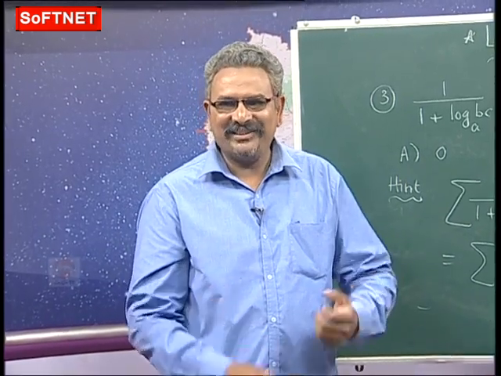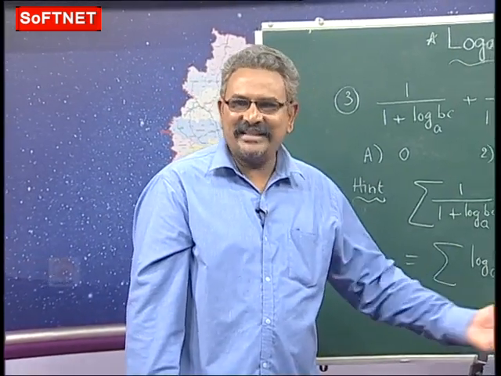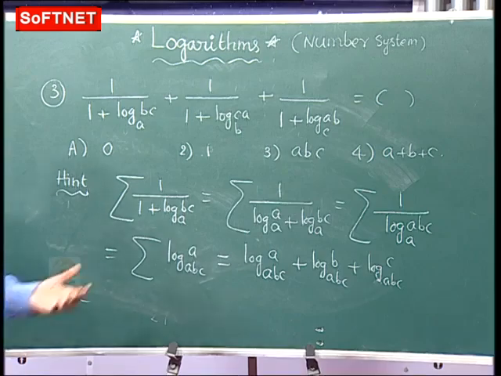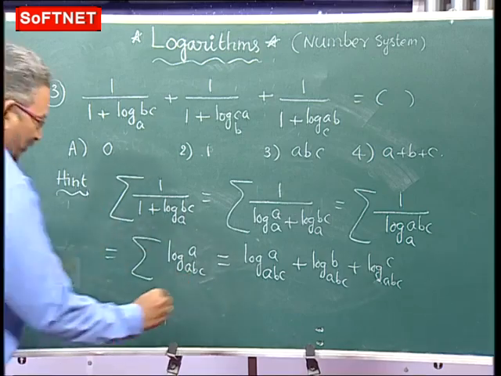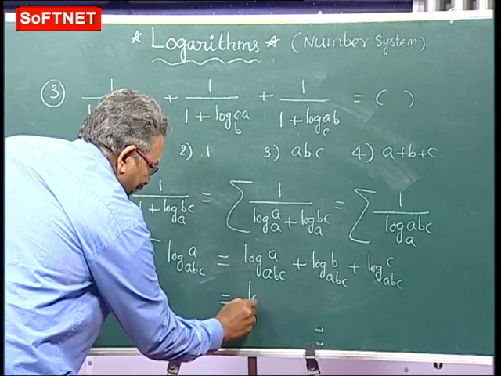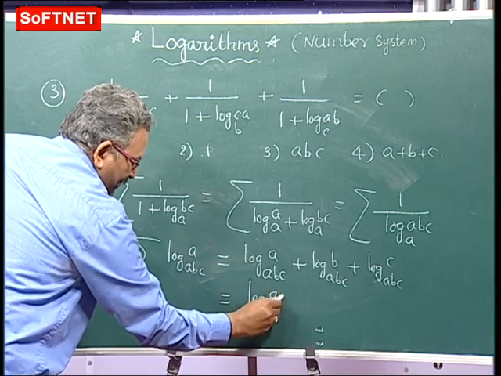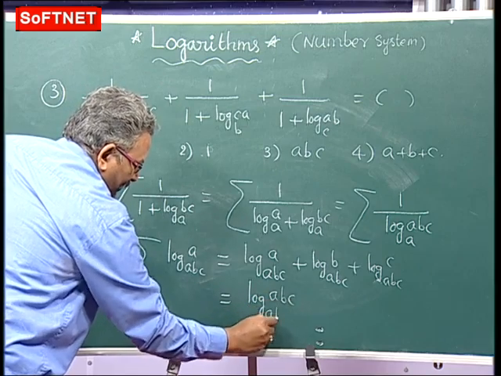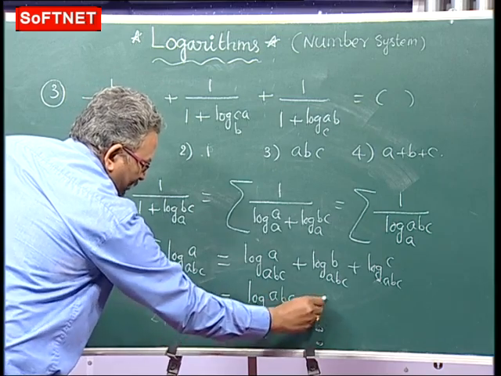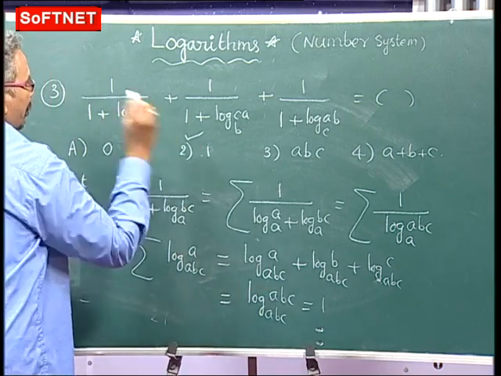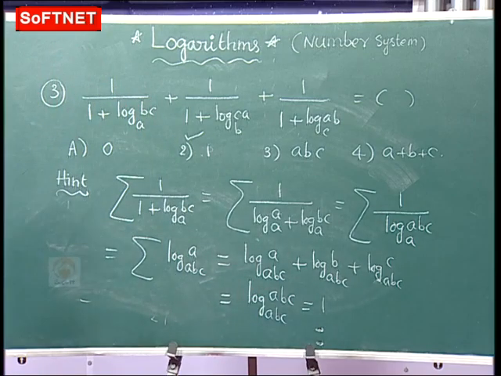Why not? We can write this one as a single logarithm with base ABC. So now this is log of A into B into C, log ABC to the base ABC. Now you can expect answer 1. Second option is the right option.